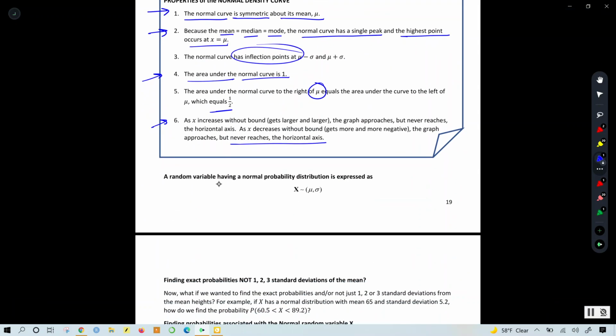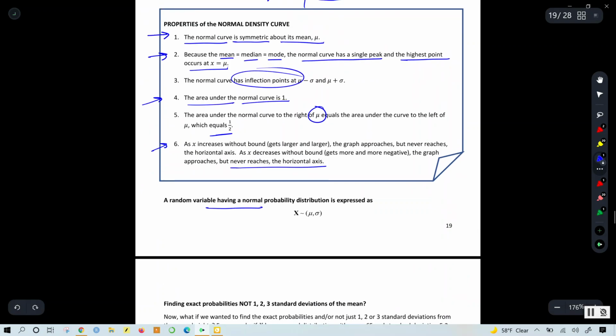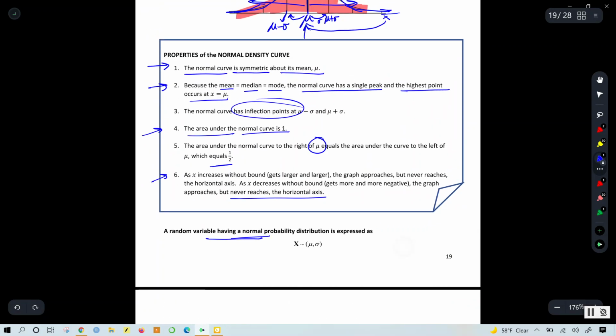So whenever we find that a random variable has a normal distribution, that is, its relative frequency distribution can be drawn in this form, you have two parameters: the mean, the center value, and the standard deviation, the measure of how spread away all other values are from the typical value.